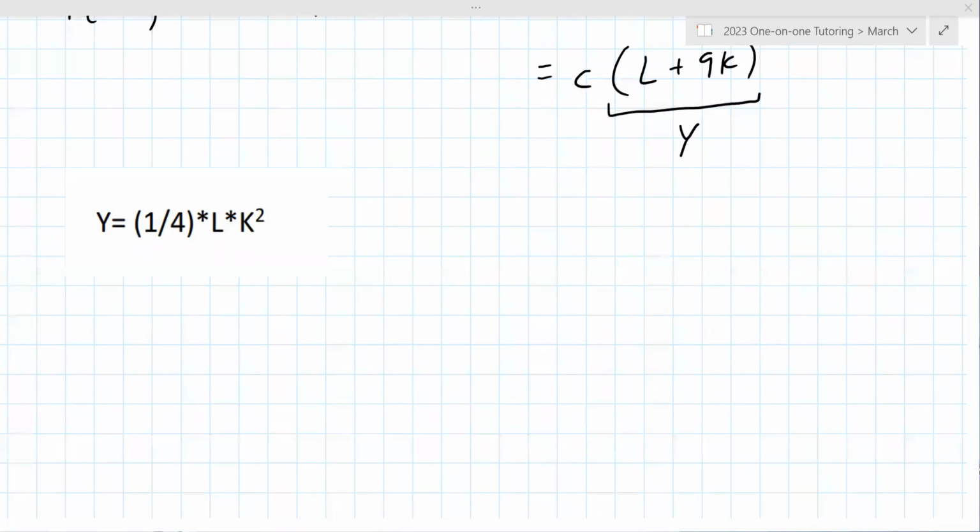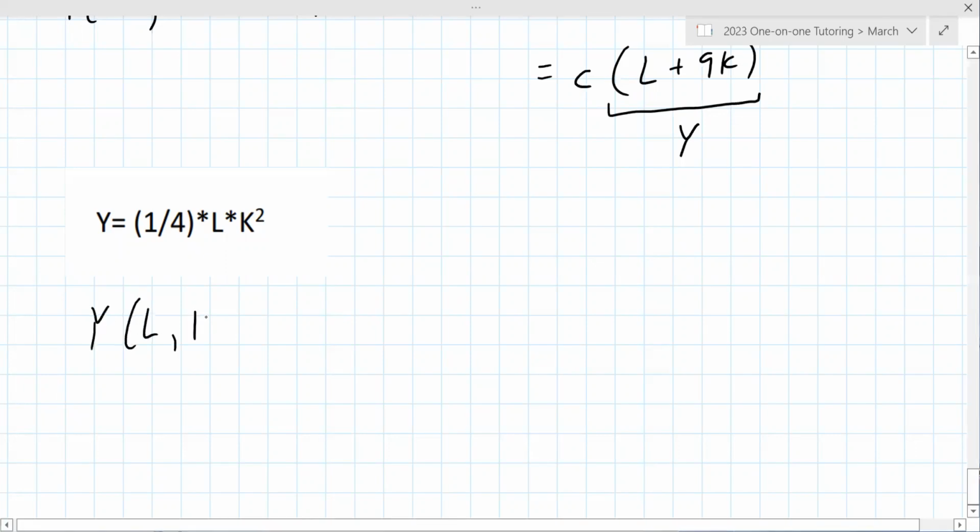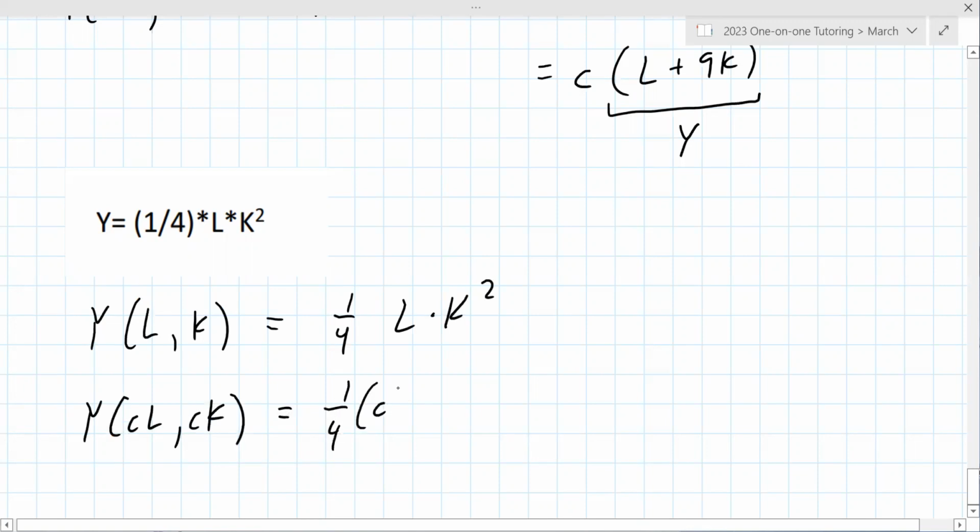Your answer key uses T instead of C, but I think C is more clear. So we're going to do that again here. L comma K. We go C times L, C times K. 1/4 of C times L, C times K squared.